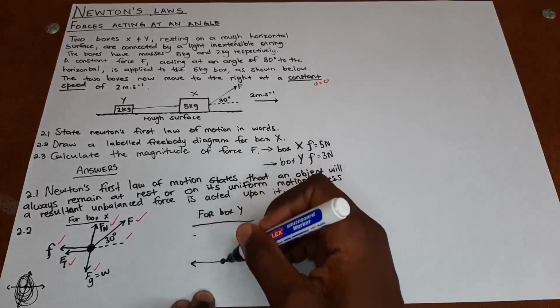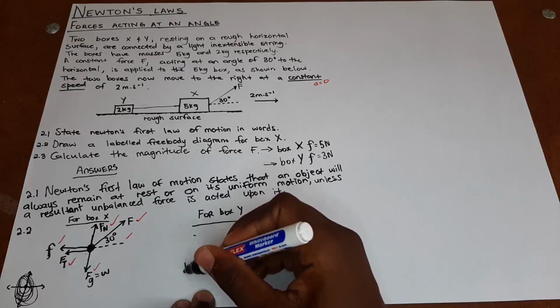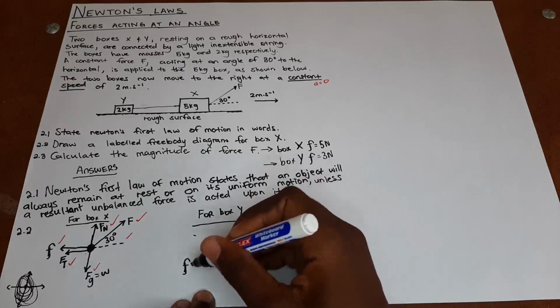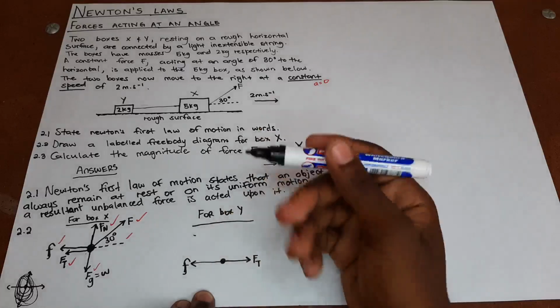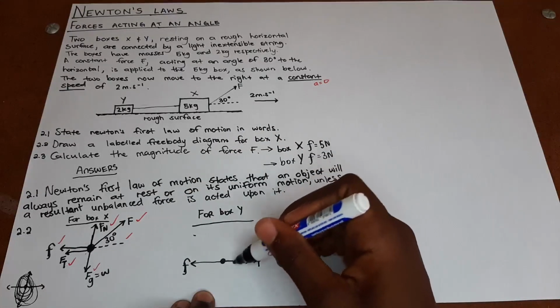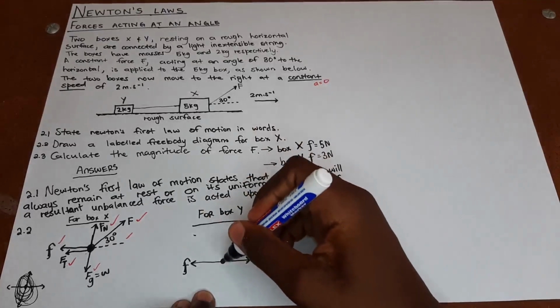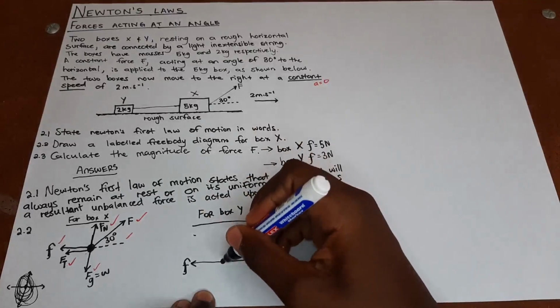Sorry, this vector was supposed to be shorter, because the motion is this way, meaning that the tension must have a bigger magnitude. But no problem.